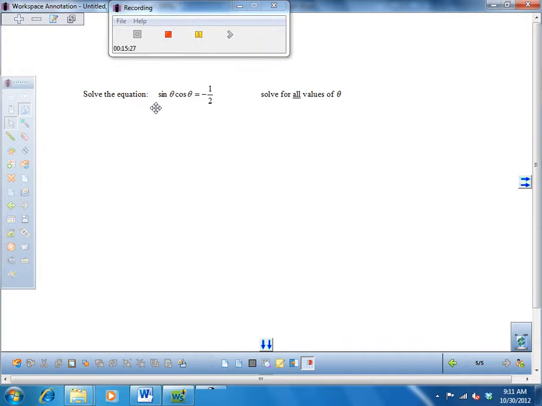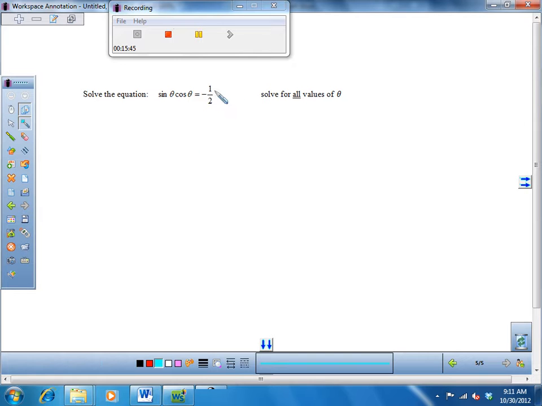Yeah, kind of. So here, I can't turn sine into cosine. But what I can do is multiply through by 2, and the reason I want to do that, or negative 2, let's multiply through by 2.